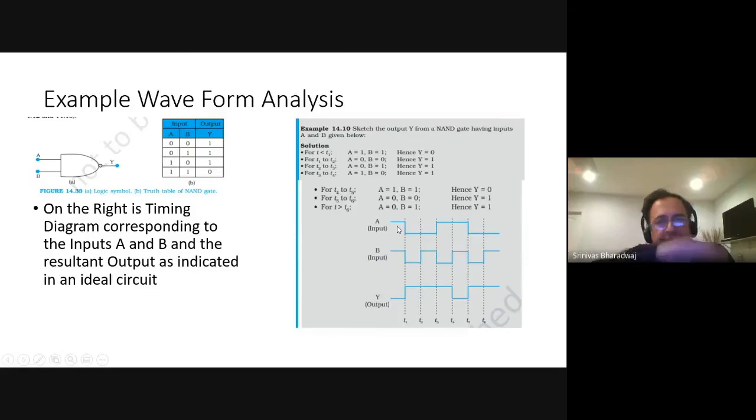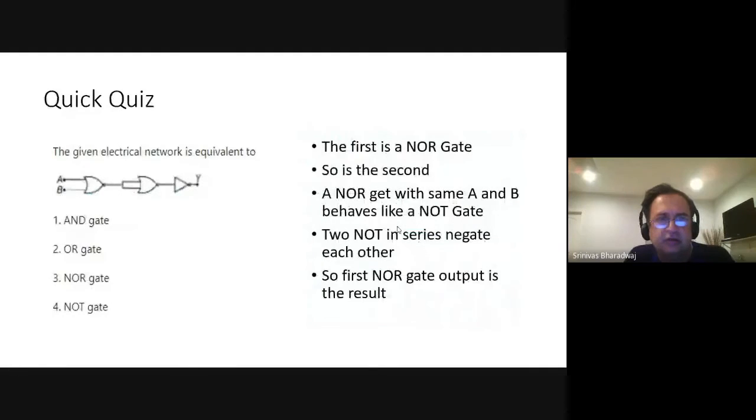In reality, things aren't so square, they are kind of rounded, and that's why you have to be very careful in setting the clock and setting the results, and yet it all seems to work quite magically in circuits. So now here's a quick quiz. The given electronic network is equivalent to what? The first is a NOR gate.